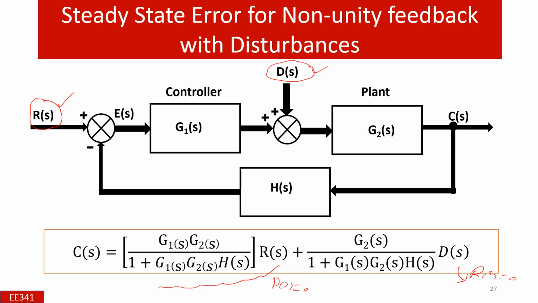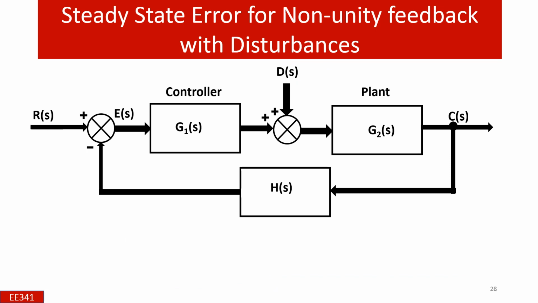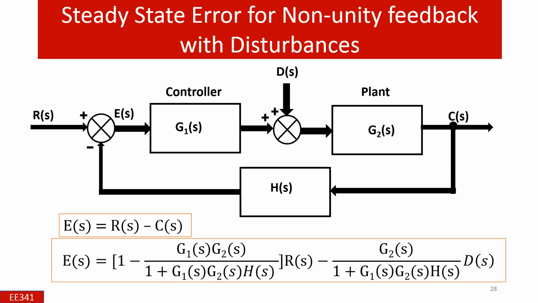So this whole relation we can use to find the steady state error by substituting the derived output value, and the error signal becomes this one.